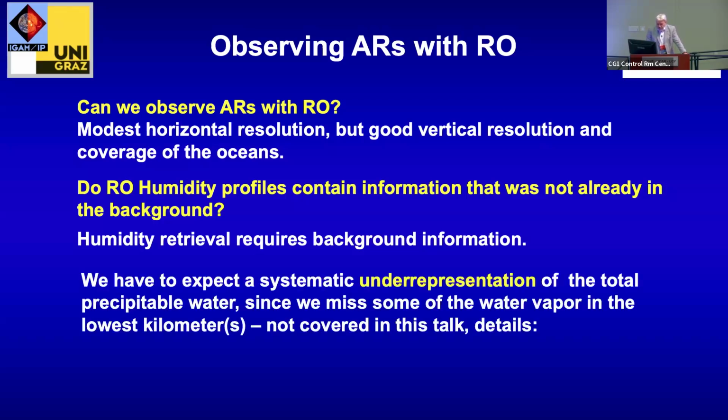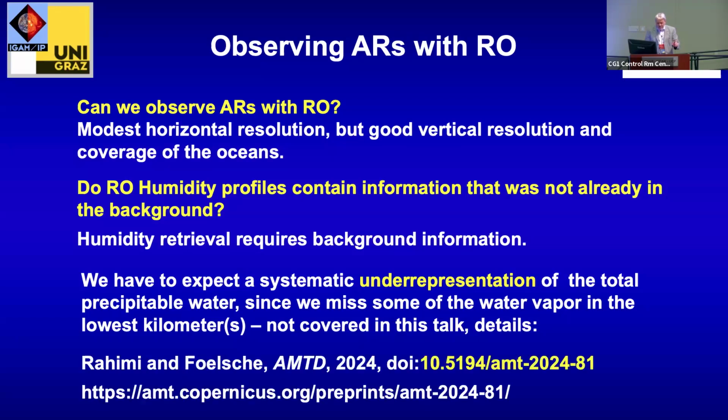What I will not present in this talk is the underrepresentation of the integrated water vapor because of the profiles not reaching down to the ground. This is not covered here, but we have a paper in Atmospheric Measurement Techniques Discussions, which is comparatively close to being published.